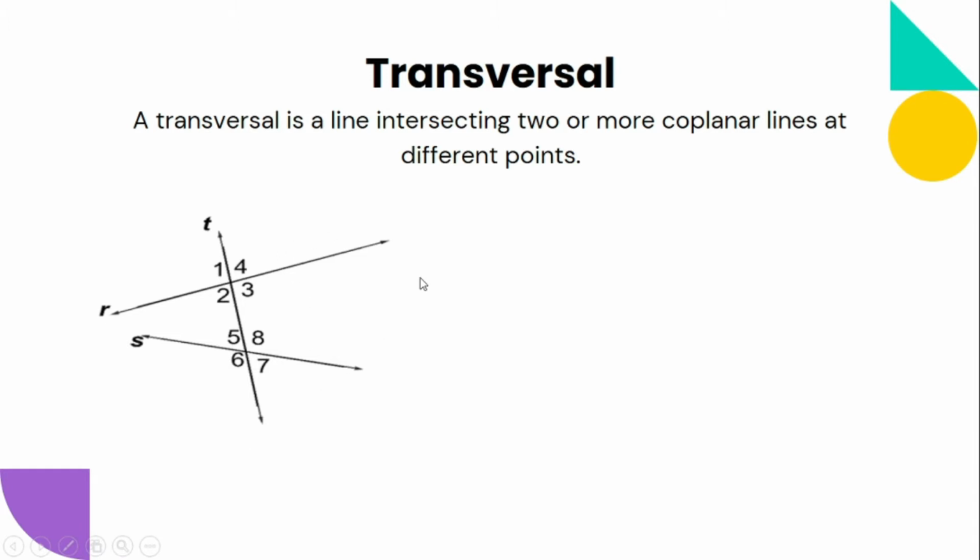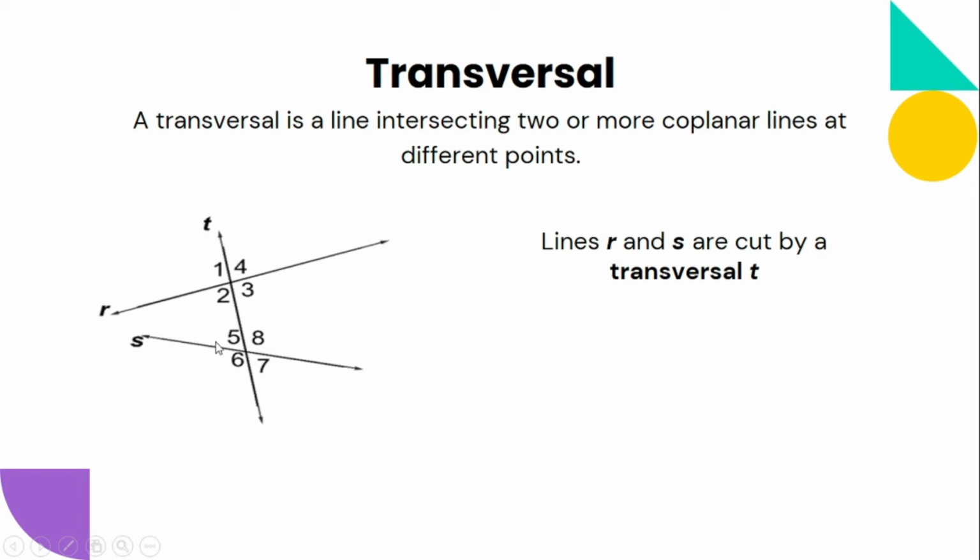So, in this figure, we have lines R and S are cut by a transversal T. The definition, sabi natin, a transversal ay isang line na nag-i-intersect sa dalawa or higit pa na coplanar lines. So, therefore, in this illustration, lines R and S are the lines that are cut by our transversal T. So, dito ang transversal natin ay si line T.